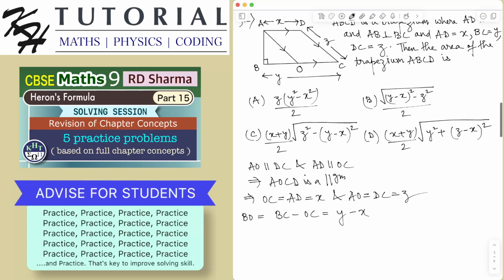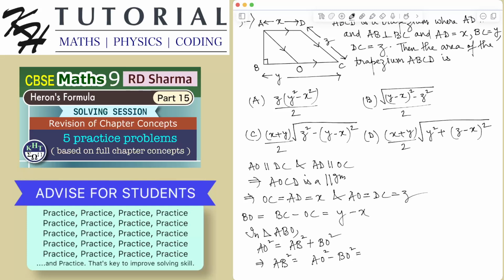Then in the right angle triangle ABO, using Pythagoras theorem, we have AO square is equal to AB square plus BO square. This implies AB square is equal to AO square minus BO square.